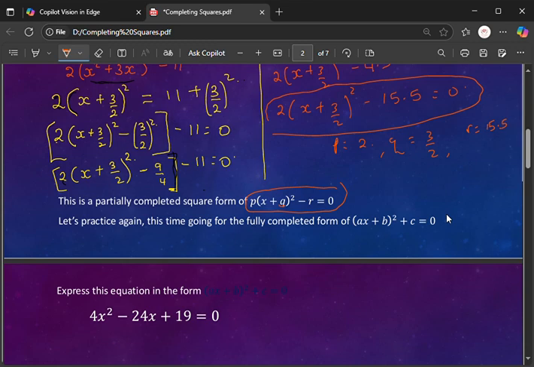So basically, in AS level they will not ask you to complete the square. That is very rare in A level, but they'll give you a quadratic equation and ask you to write it in a form, and then find p, q, and r.